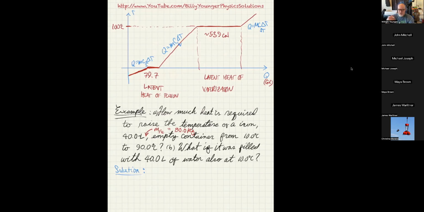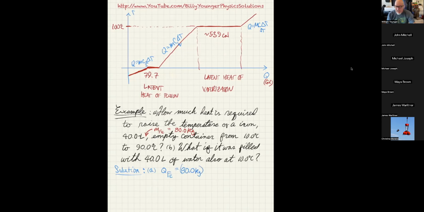So I just got to use Q equals mc delta T. In this case, part A, Q iron is going to be equal to the mass of the iron, which I've changed and decided to make 40 kilograms.